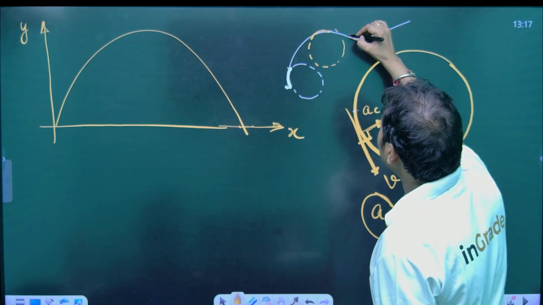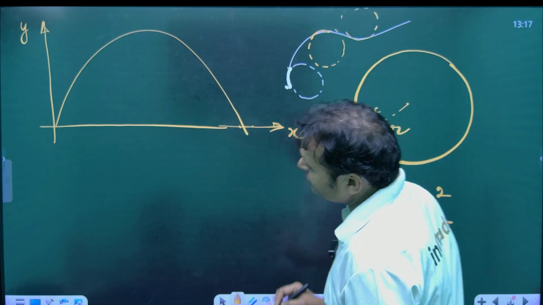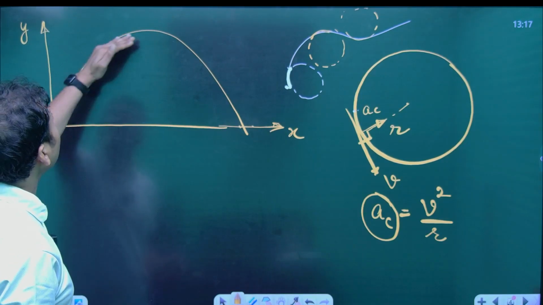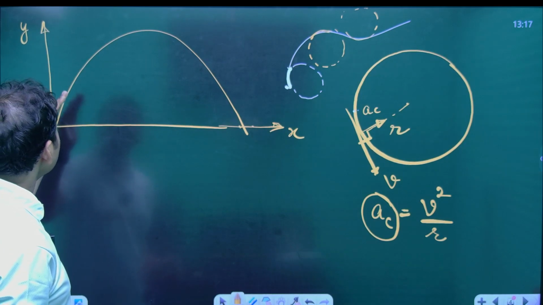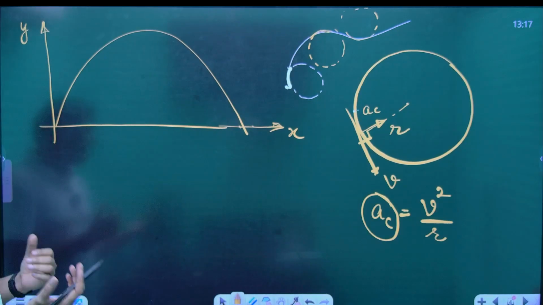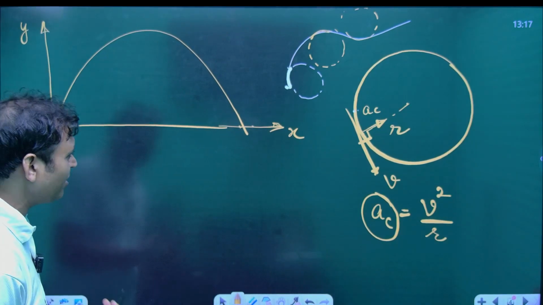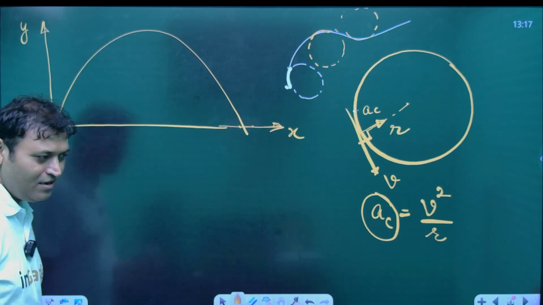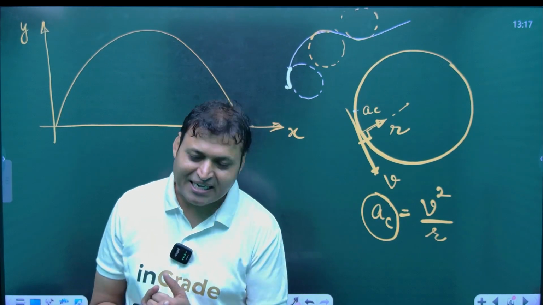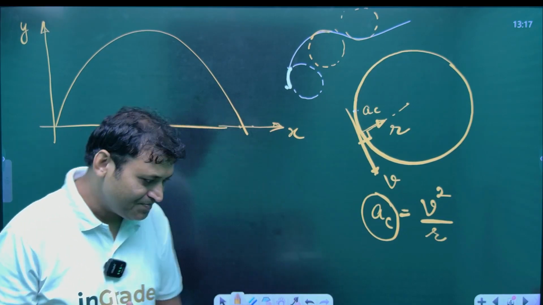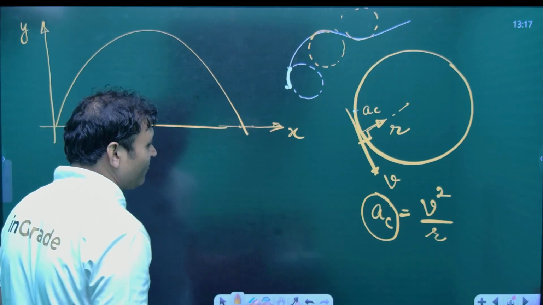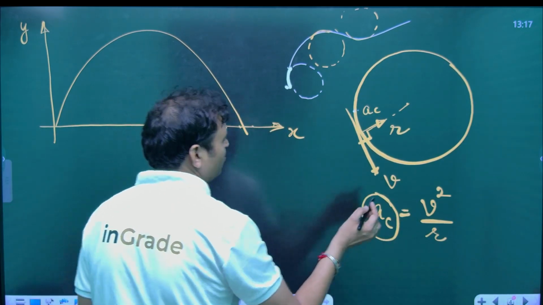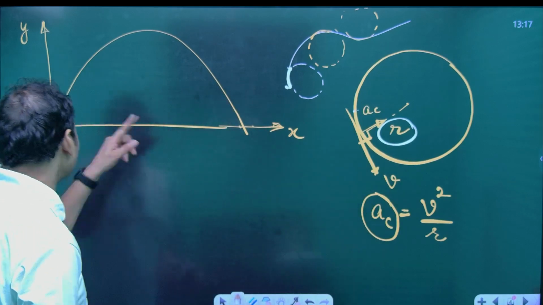So some part of the curve can be taken as an arc of a circular motion. When the particle is moving along a circular path, there must be a centripetal acceleration which is normal to the velocity. So from here we can easily find out the radius of curvature. The radius of that circle is called the radius of curvature of the curvilinear motion.